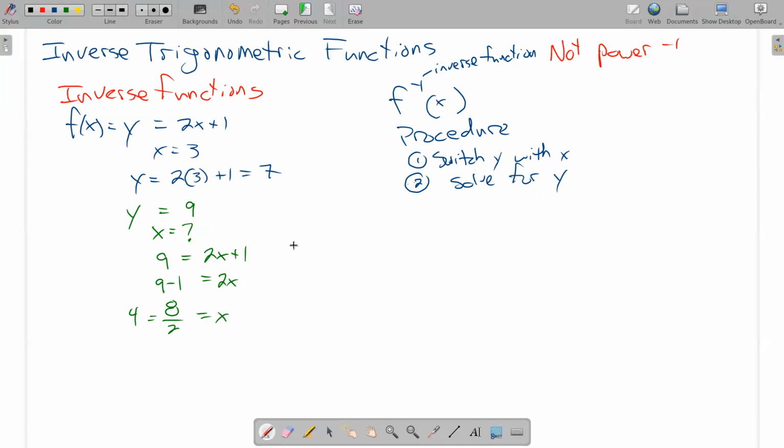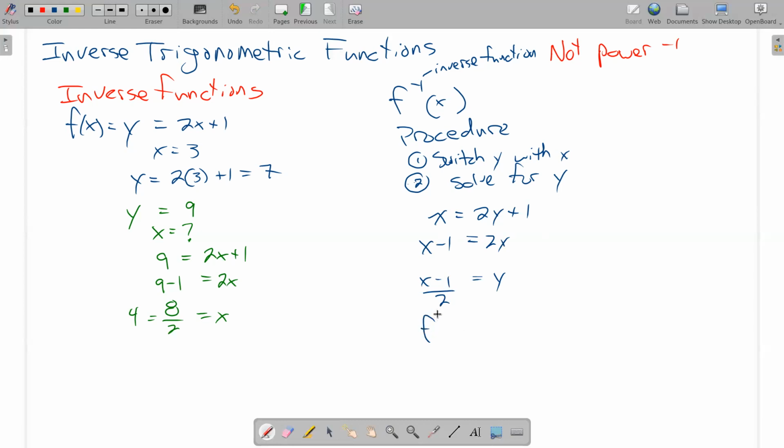So kind of like that solving procedure, but I would do step 1, I would say x equals 2y plus 1, and then solving that, I would subtract 1 over, and then I would divide by 2. So I could say y equals x minus 1 over 2. So that would be the inverse function.